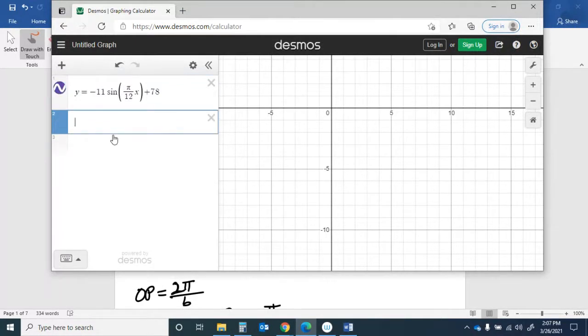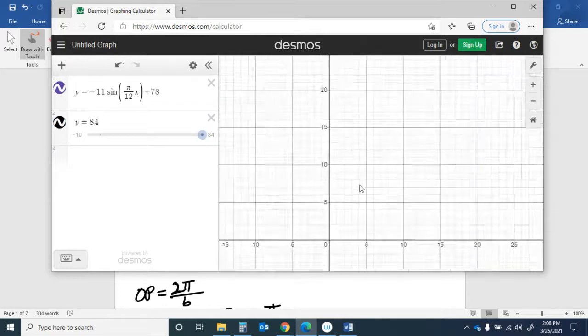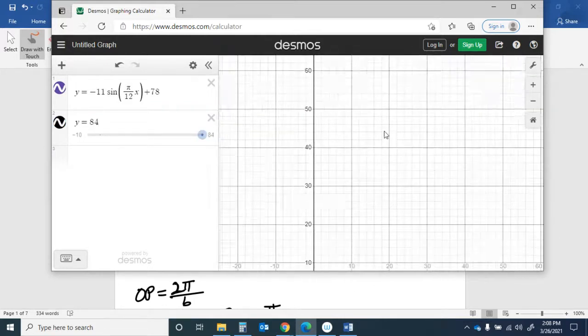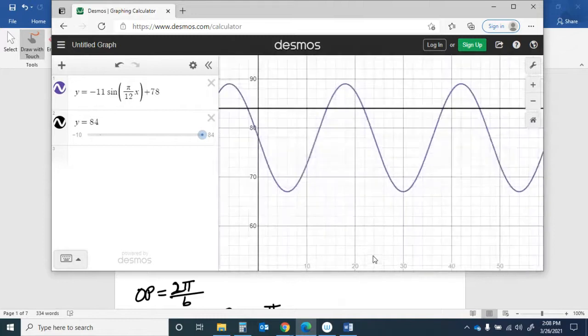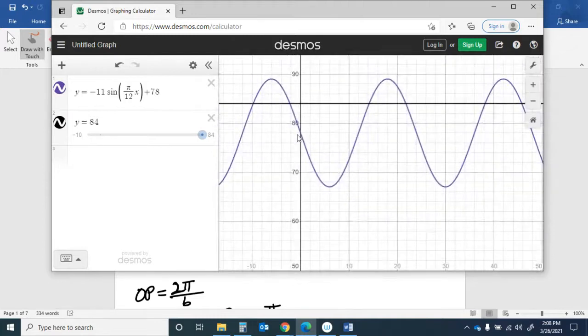And then I need to find out, when does this system of equations, what points do they share? So I need to know when the horizontal line y equals 84, which is 84 degrees Fahrenheit. And so I need to either scroll, or go in here and change. All right, so there's our period.